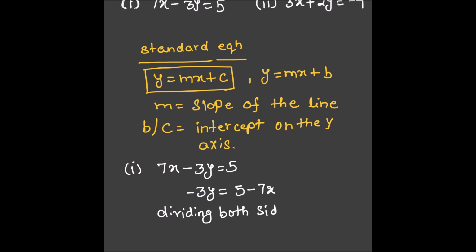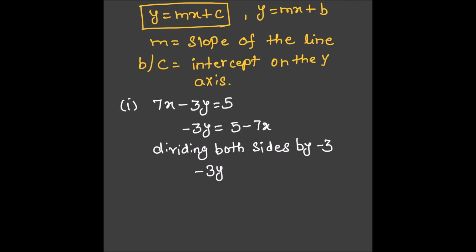We are doing this to convert this equation into the standard form. So this will be negative 3y upon negative 3 equals 5 upon negative 3 minus 7x upon negative 3. This negative 3 and negative 3 will get cancelled.